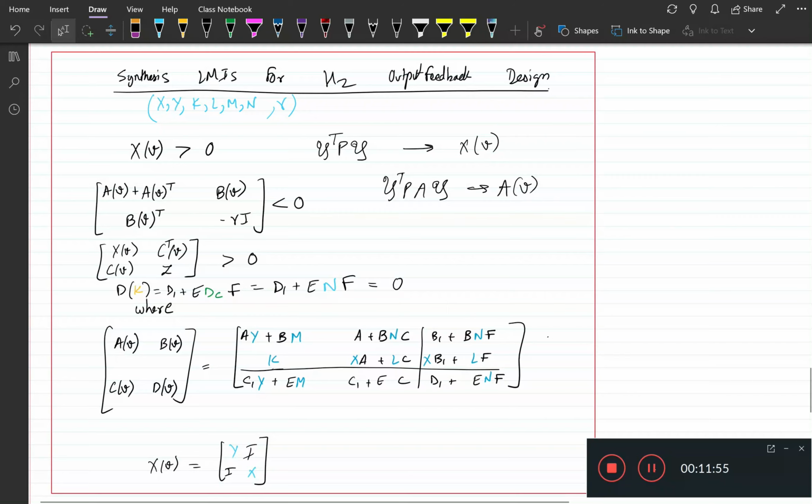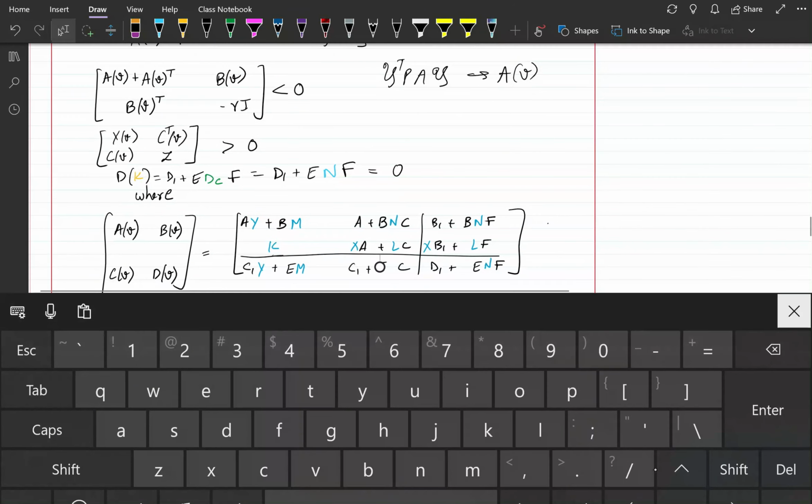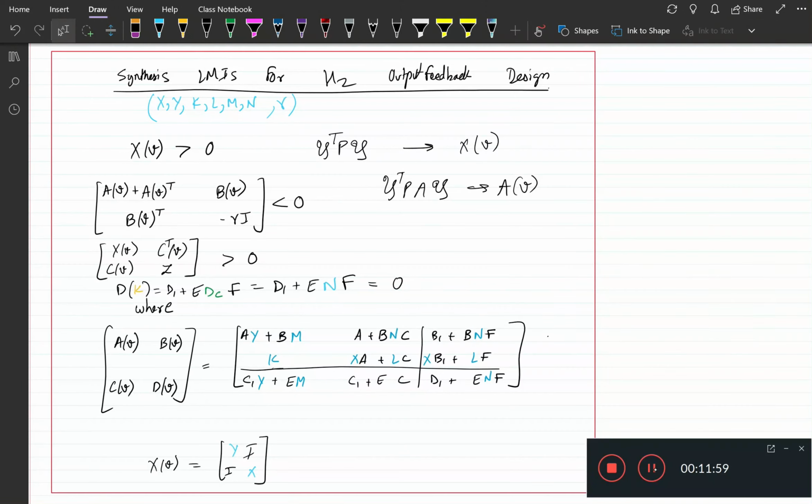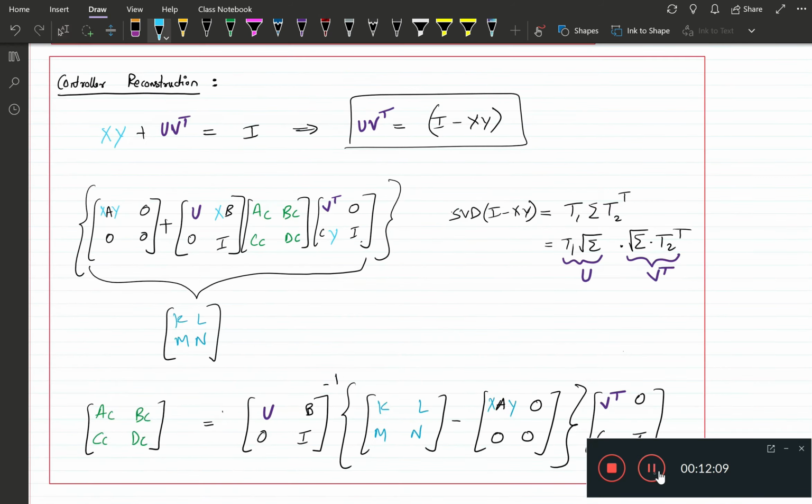So now that's the general procedure for obtaining synthesis LMIs, and we can solve these LMIs using CVX, for example, and obtain the variables v. But we still need to go back to the control variables Ac, Bc, Cc, and Dc.